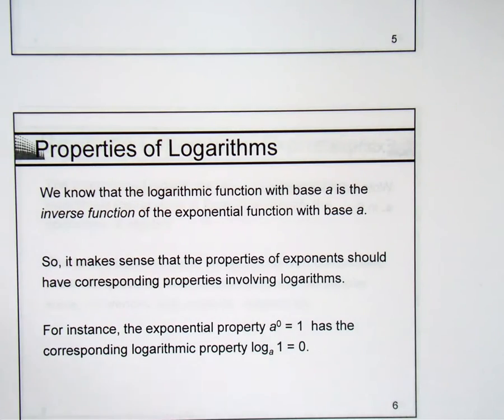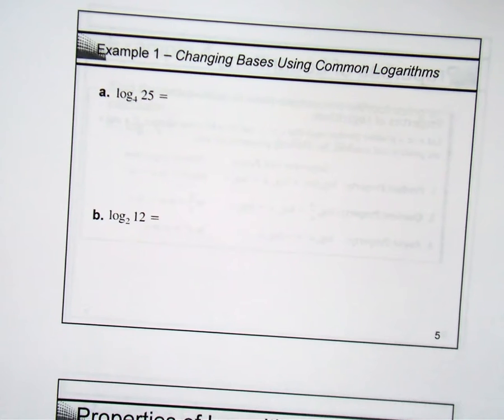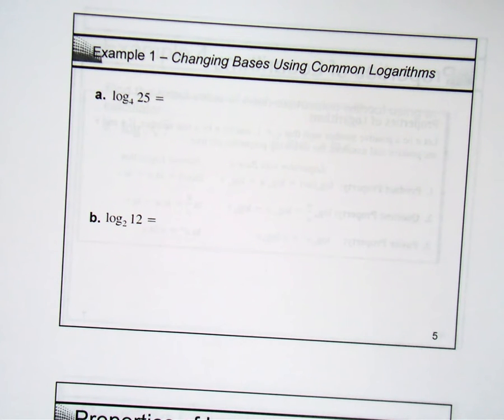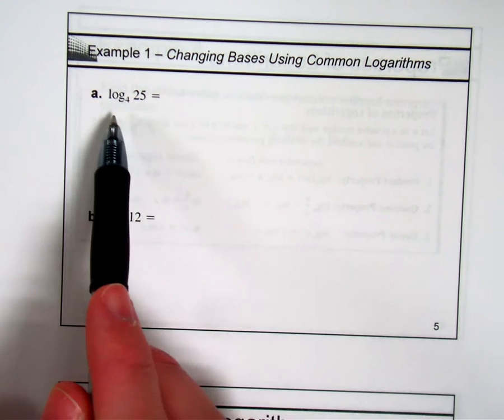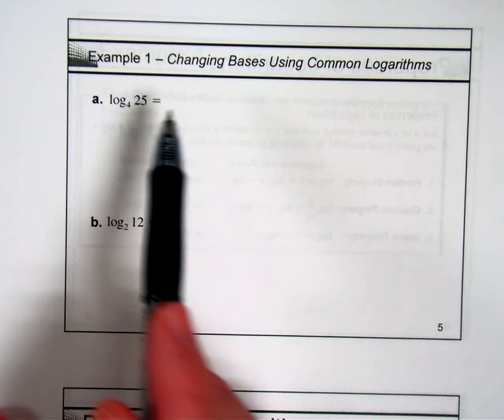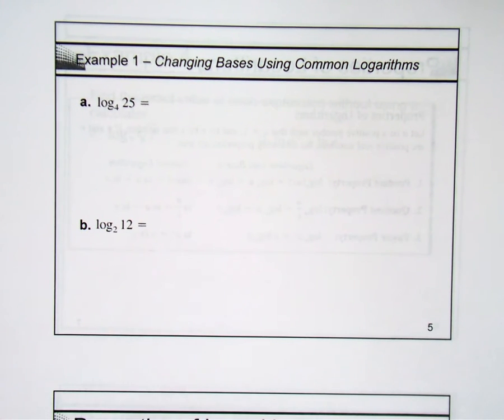Okay, let's see this in action. Let's do some problems. Okay, so log base 4 of 25. Yes, I know some of you know how to get to the spot in your calculator where you can actually do the log with base 4 of 25.